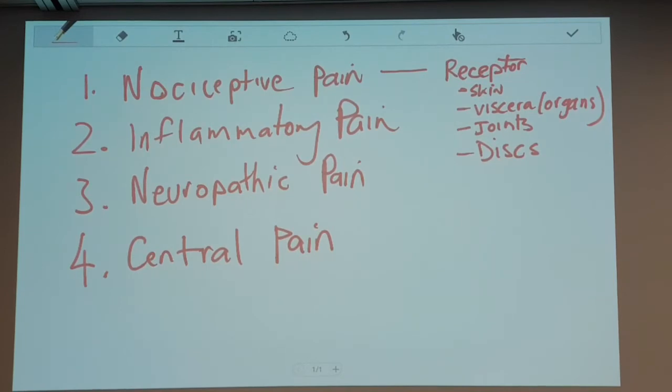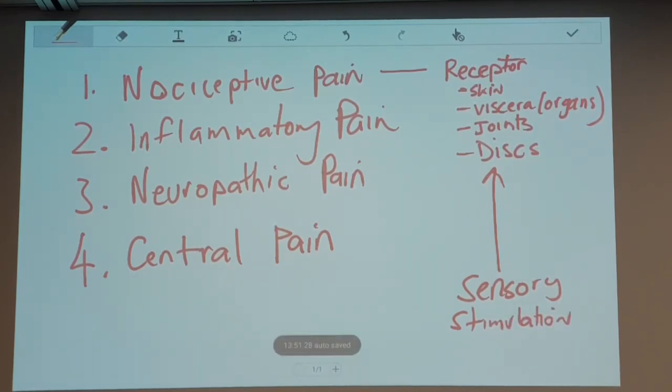All right. So a receptor that receives some sort of sensory stimulation and then transmits that signal to the brain.